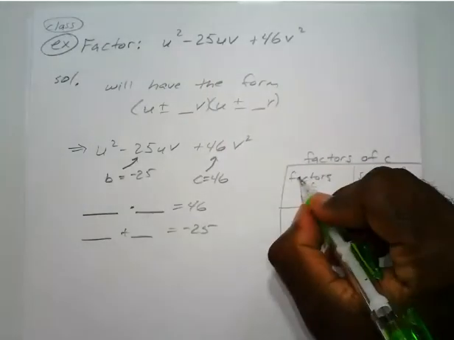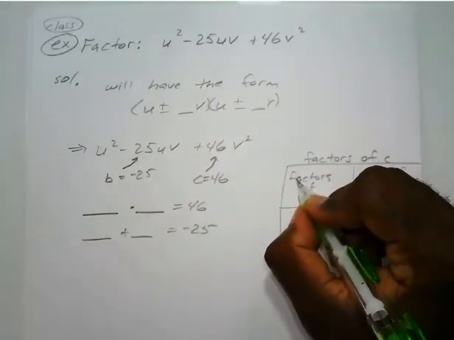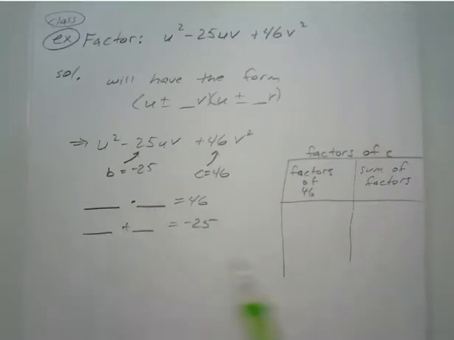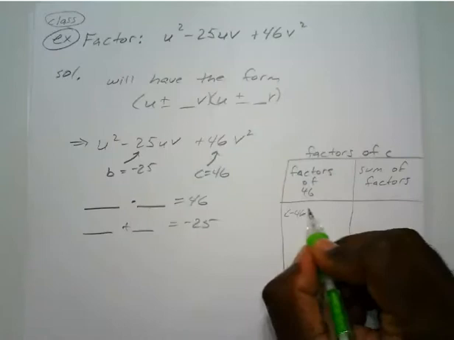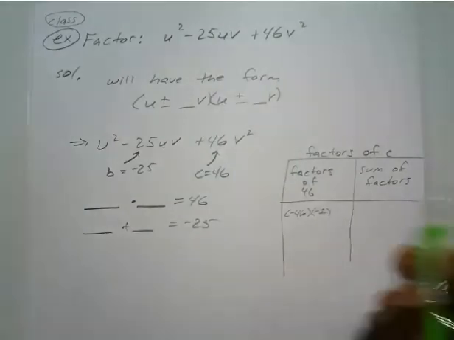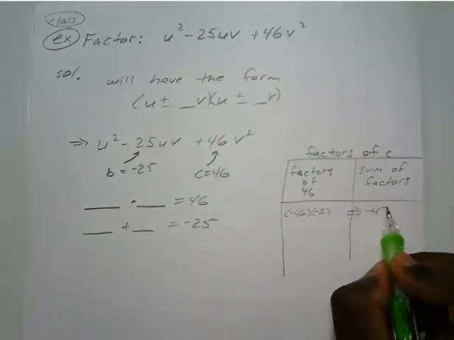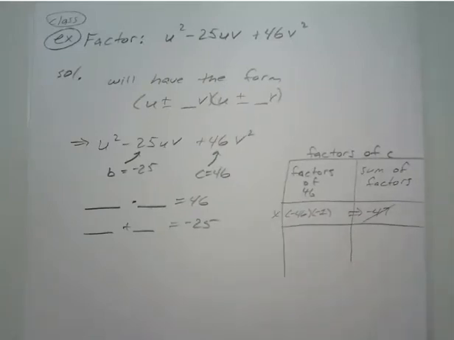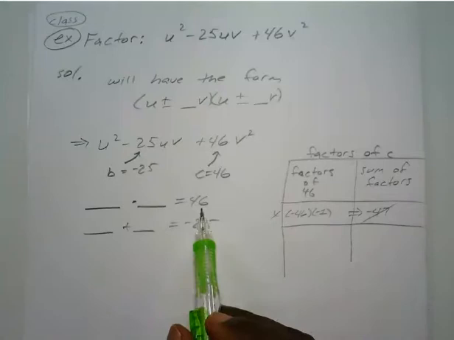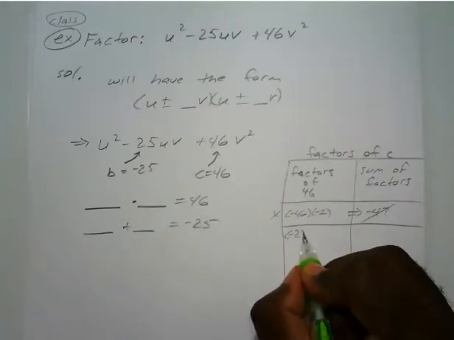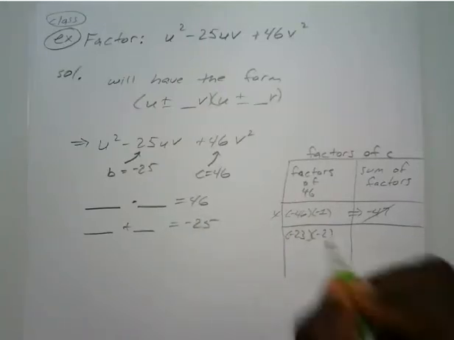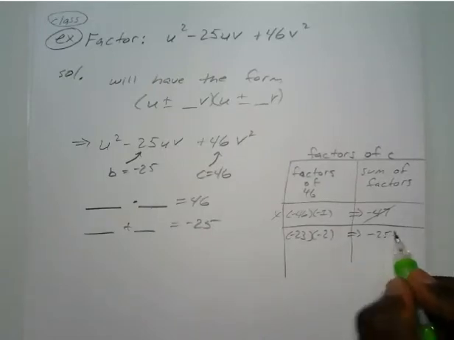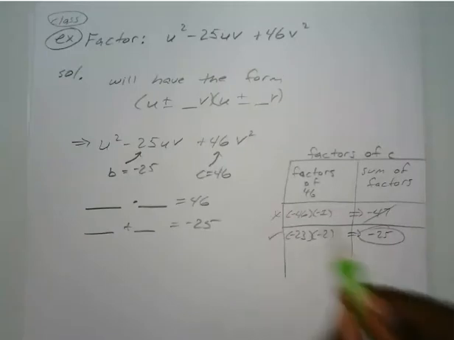Okay, so we know they both have to be negative, so negative 46 and negative 1. If we add them together, that's negative 47, so that's not going to be used. Okay, we have 46 divided by 2 is 23, so we have negative 23 times negative 2. If you add those together, you get negative 25, which is exactly what we need. So we know we're going to use that one.